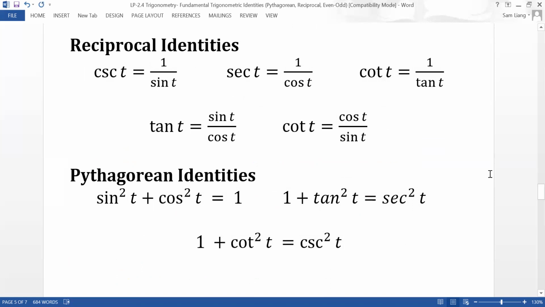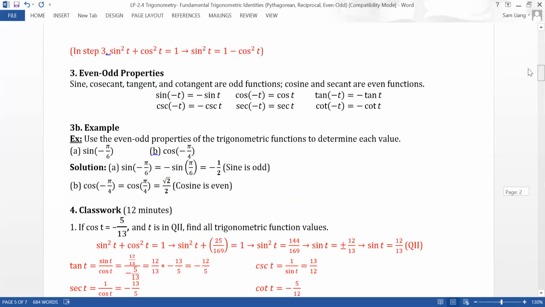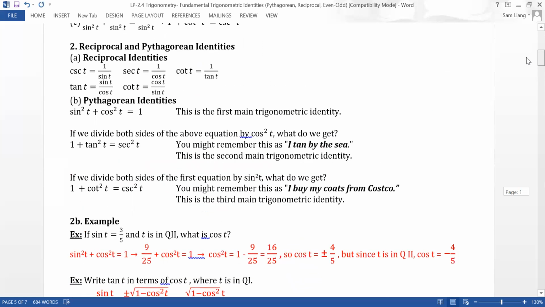Okay, I'm going to go back. If you need this, pause it, but I'm going to go back to the lesson. So here we are. Here are some mnemonics you can use. For tangent, I am a big fan of basketball, and Steph Curry is one of my favorite players, and his initials are SC.